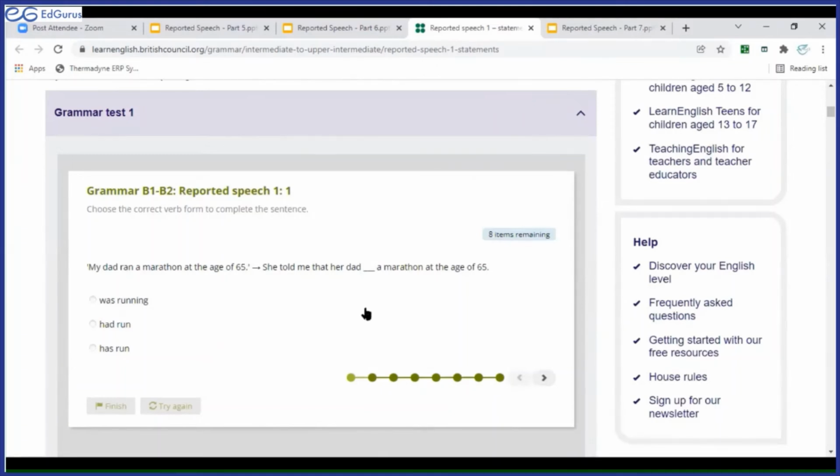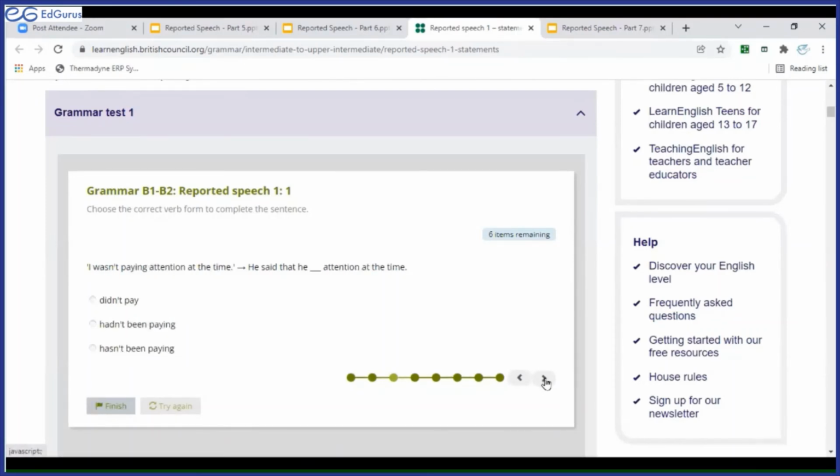She told me that her dad had run a marathon at the age of 65. Very good. I have written 3 pages of the report. He said that he had written 3 pages of the report. Correct, very correct. Good.